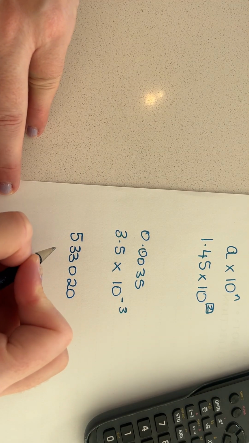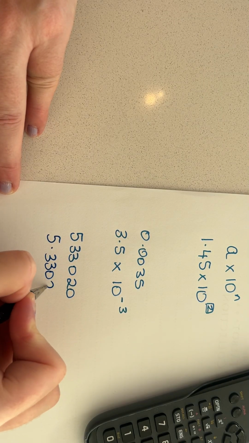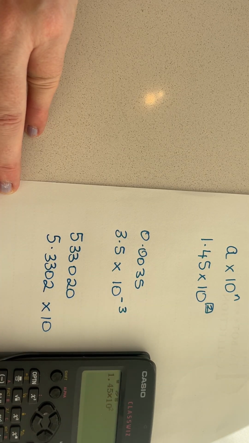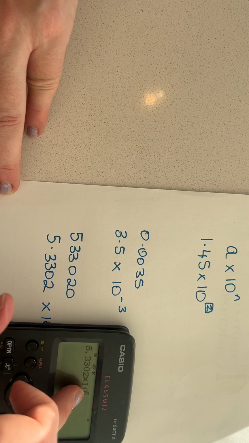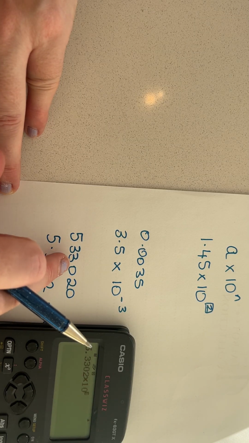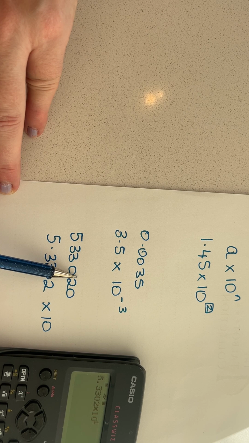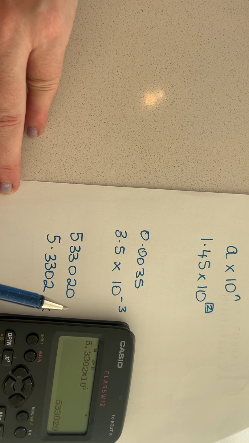Now I want to put the decimal point in here, in between the 5 and the 3, by 10 to the power of, and again, use the calculator to figure this out. So 5.3302 by 10 to the power of something, and when I press equals, it should look like this. So I moved it 1, 2, 3, 4, 5. So either a 5 or a minus 5. Is that the original number? Yes, it is.